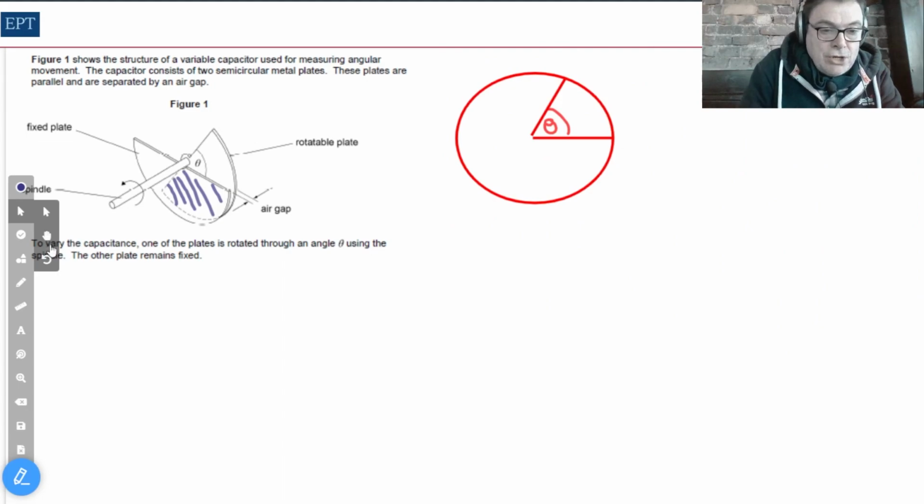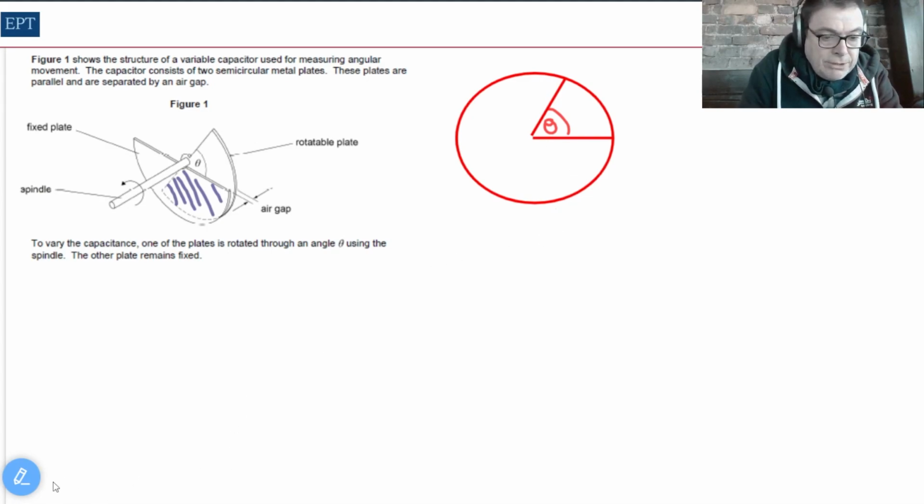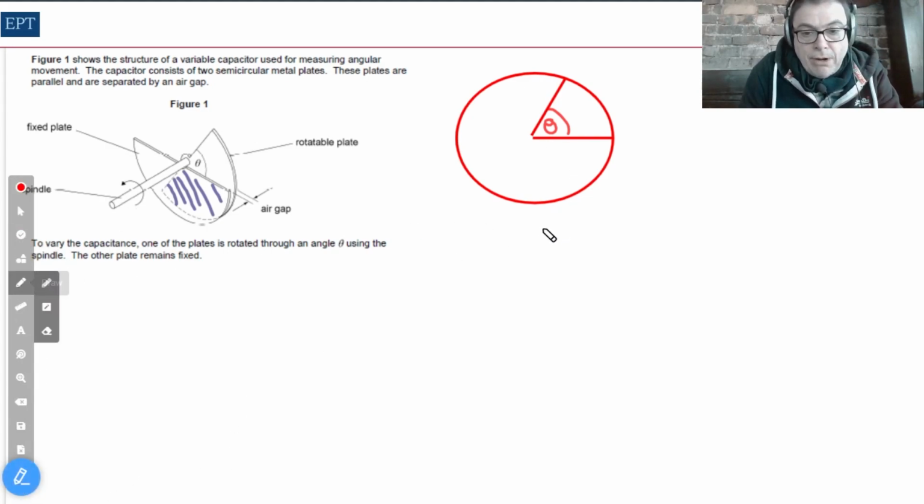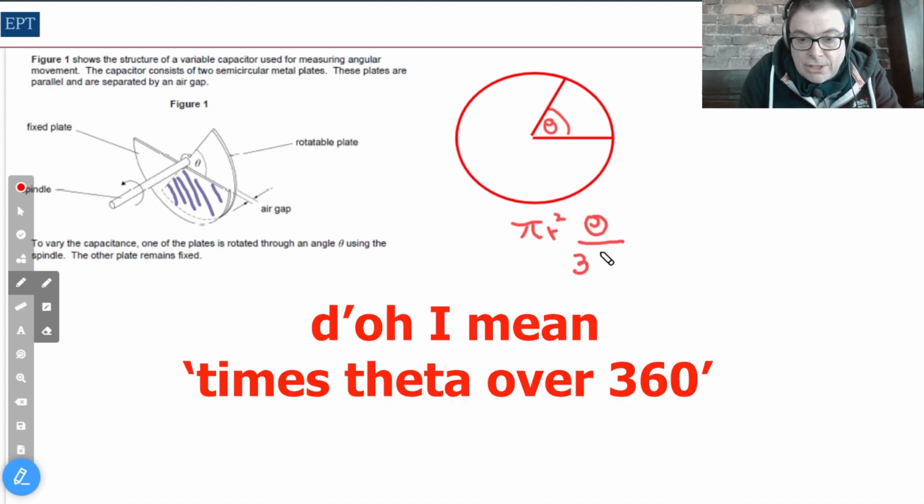If you have a circle, and we just think about this circle for a moment, then we know what the area of that circle is, don't we? It's pi r squared. Of course it is. But what about the area of the sector? Well, the sector has an area of pi r squared times theta over 360.